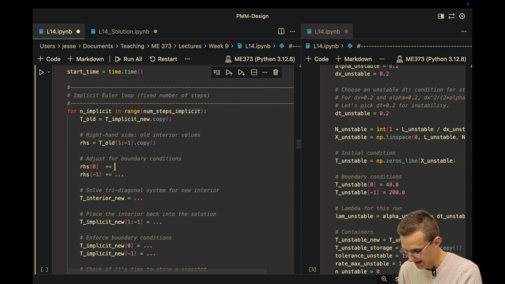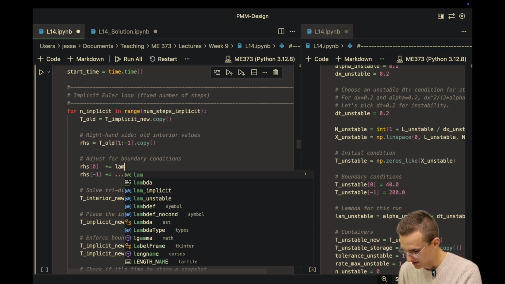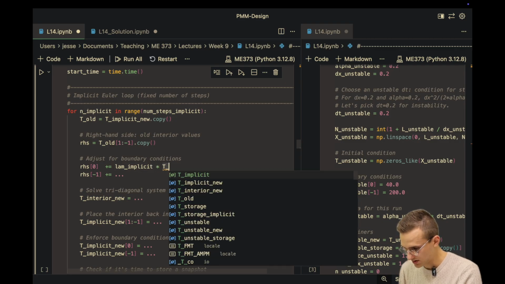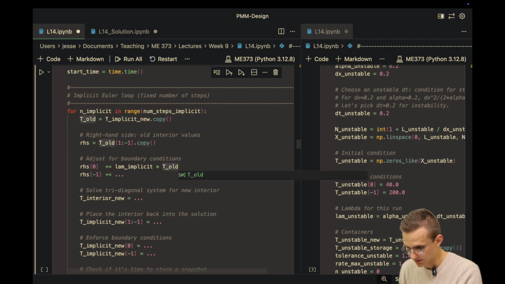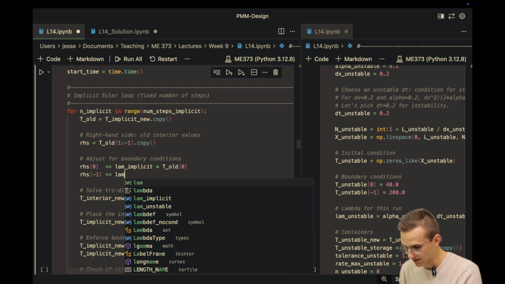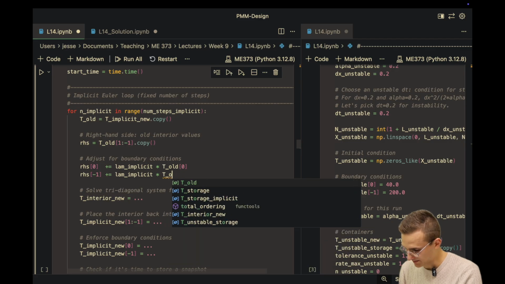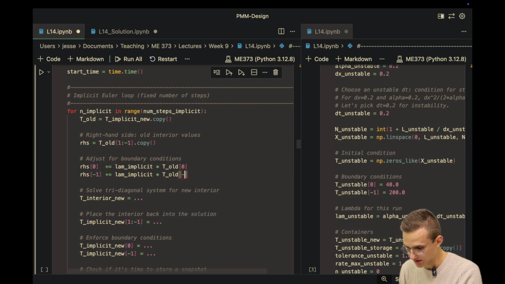And then we have lambda implicit times t old at time step 0, right? This is where we're putting in our boundary condition values. So we're just adding to the first and last elements of the right-hand side this value that we know from the Dirichlet boundary conditions. T old at -1, so the last element of t old.